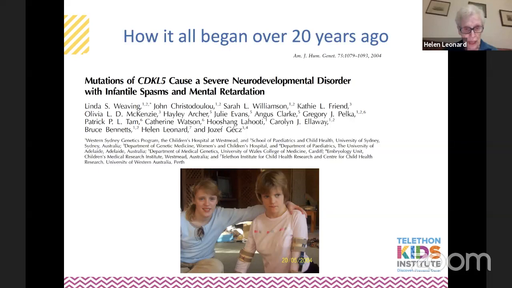And the girl on the left had been diagnosed with autism. So they joined our Australian Rett syndrome study, at least the one on the right did, and her family. But it turned out when the MECP2 mutation was identified as a cause of Rett syndrome, there was no MECP2 mutation identified in this family. And so the search was on for something else, which turned out to be CDKL5.